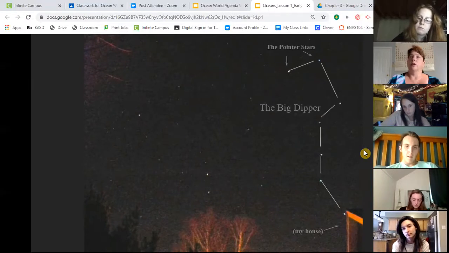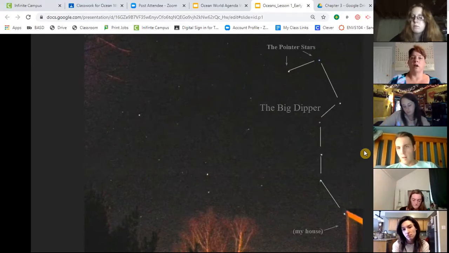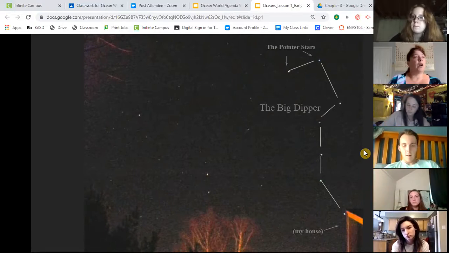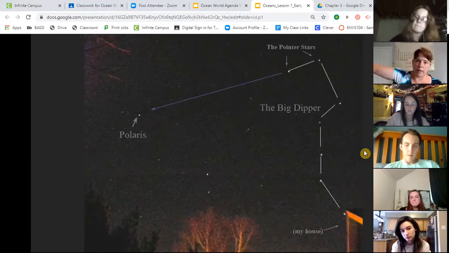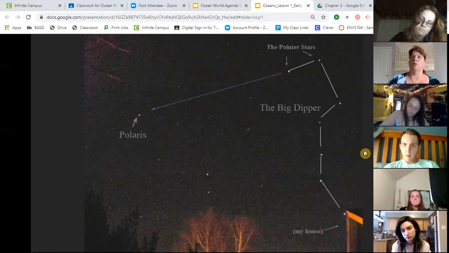Many of you probably know how to find the Big Dipper in the sky because it's a pretty bright constellation. But the Big Dipper basically has a handle and then a scoop. The two end stars on the Big Dipper are called the pointer stars, and that is because they point toward Polaris. So as if you were dumping it out and it would pour into Polaris there.